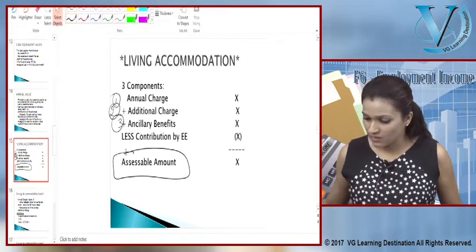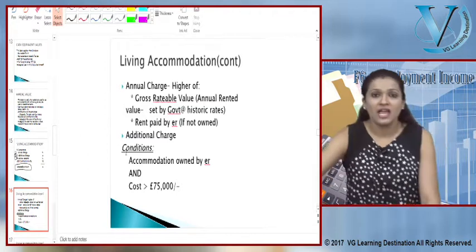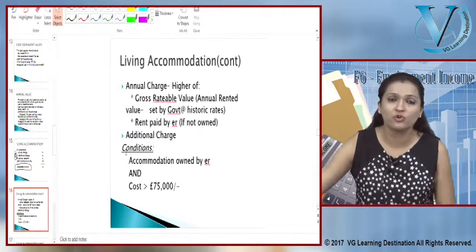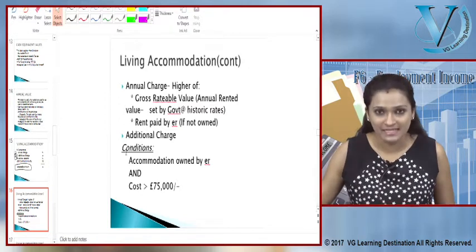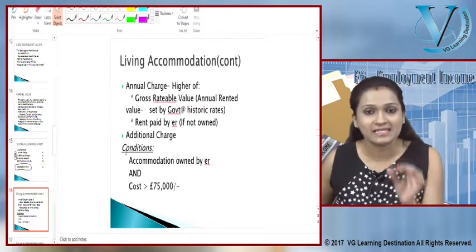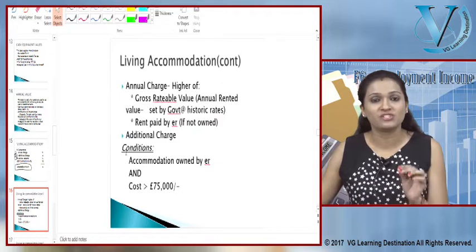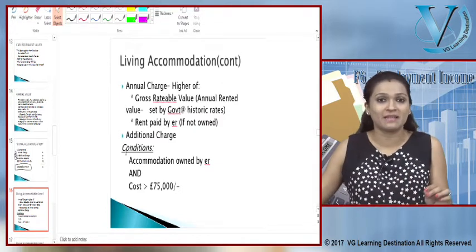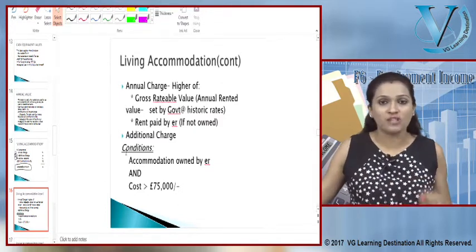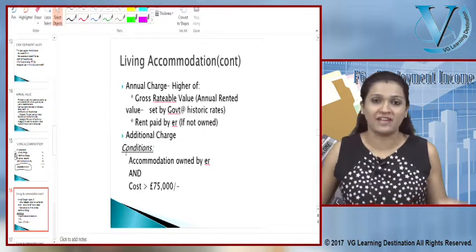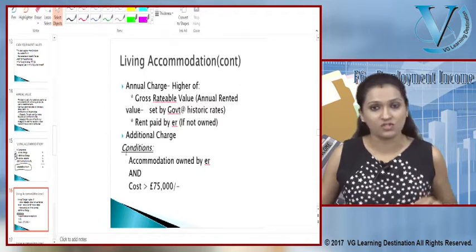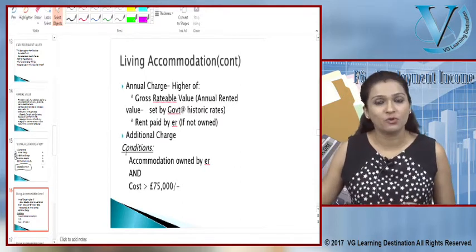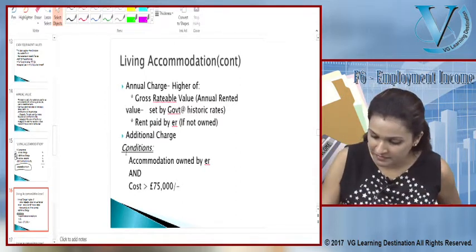So let's have a look at what the annual charge is and what it is basically going to comprise of. The annual charge is an annual charge which is going to be charged to the property, which basically means the gross rateable value or the rent paid for the said property during the entire year. So what value do we take?